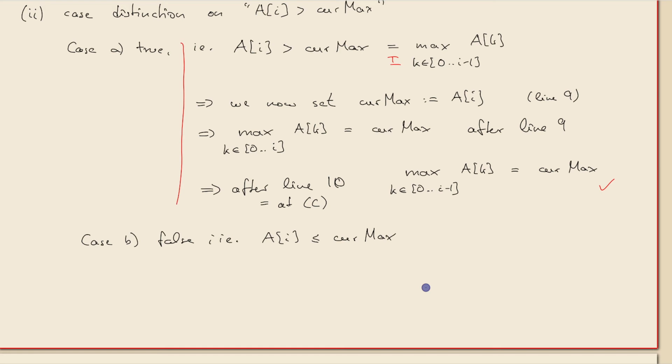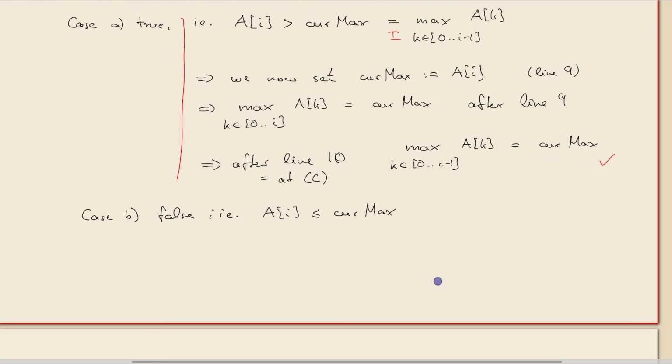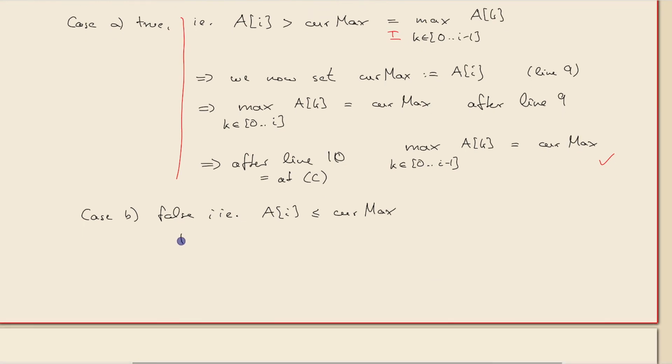But we still have to argue for the red part to be true at the end of the loop. So we don't touch current max. However, we know something. We know that the previous maximum is at least as big as this next element. So we can again extend the range of the maximum by one more element.